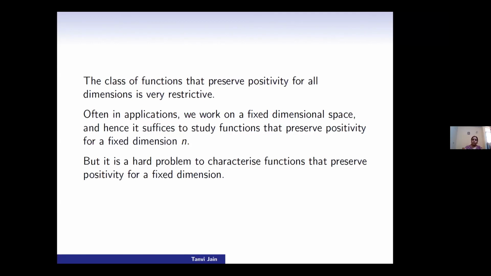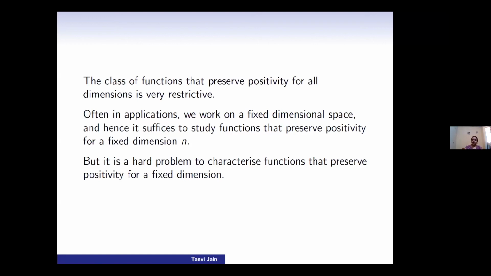There are necessary conditions, there are sufficient conditions, but there are no necessary and sufficient conditions till date. And from time to time, there are studies restricting the rank, restricting the structure of the matrix, restricting the function itself, studying specific functions, and so on.